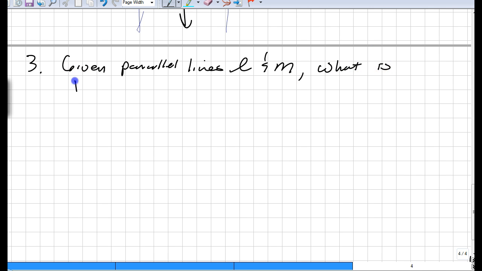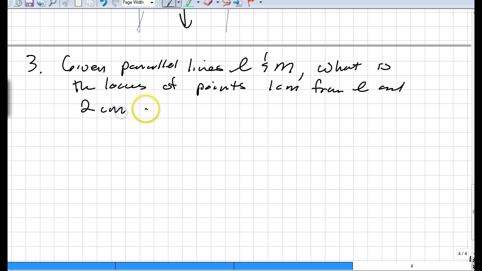What is the locus of points 1 centimeter from L and 2 centimeters from M?